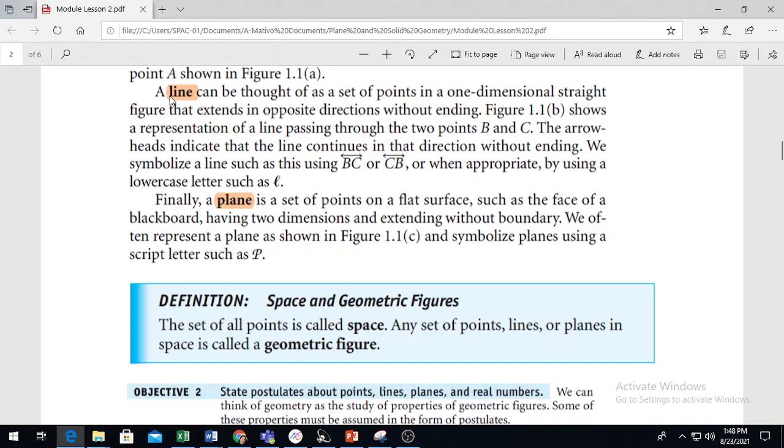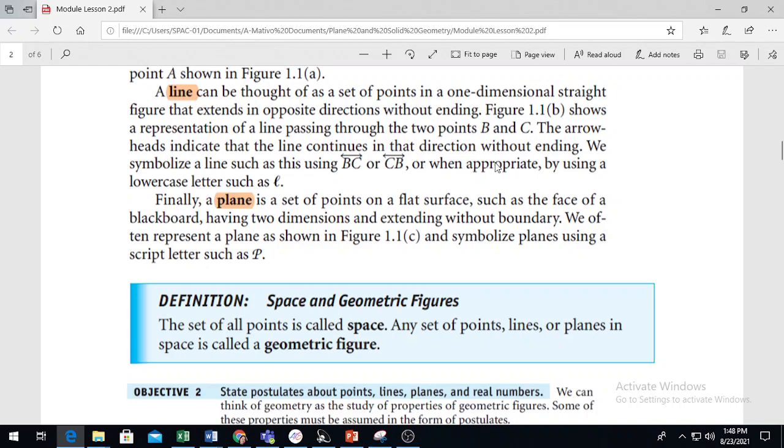A ray is a different term, another term for those with direction, but without direction we can extend it without ending, and we call that a line. So how to denote a line? You use this as a symbol for a line: the capital letters of two points and a line with arrows at both ends to symbolize a line.